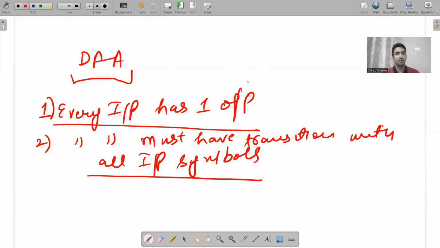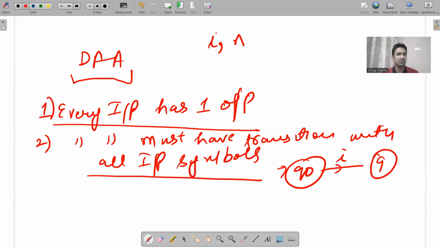Let's say you have two input symbols, which is I and N. So if I start Q naught, when it is given I, it can go to anything, Q1, but only one answer can be formed. But over here, clearly that N is also another input symbol. So I have written every input must have transition with all input symbols. So there are two input symbols, I and N. So Q naught will also have transition with N. But again, let me tell you that this is a basic terminology of DFA, that if you are using, let's say if you have used INT, then space, then A, then semicolon, then it means Q naught will have transition with all of them.